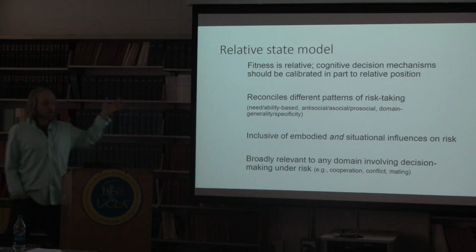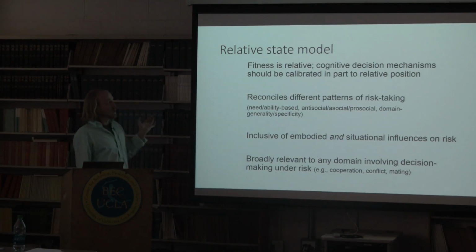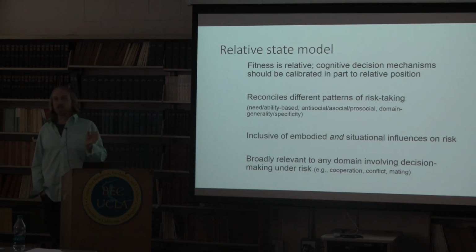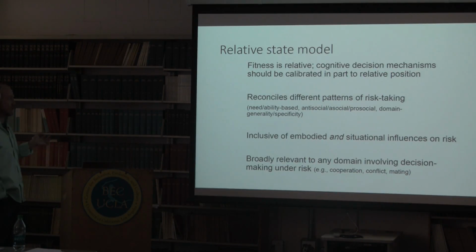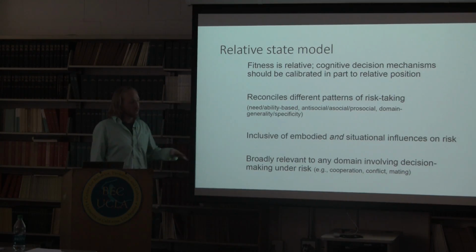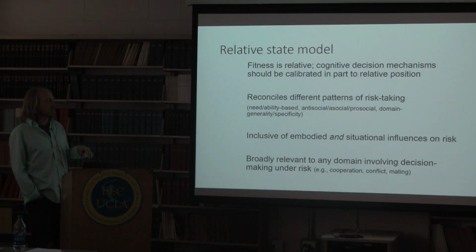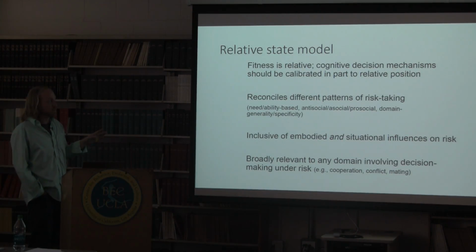So some key takeaways from this model, again, pitching this to a general social psych audience. Fitness is relative, so we ought to be thinking about mechanisms that do consider relative position, not that are just purely anchored against some kind of absolute thing. I just talked about this. The model helps to reconcile these disparate patterns in the domain generality and specificity.